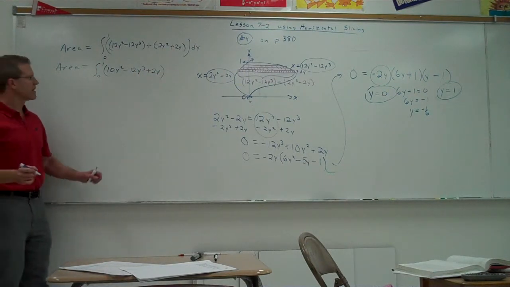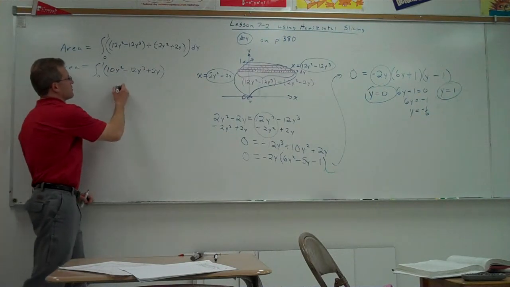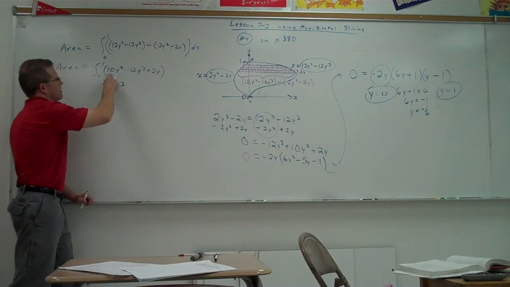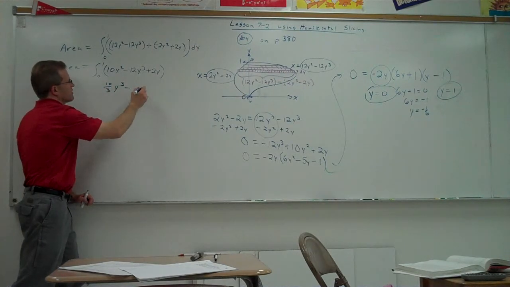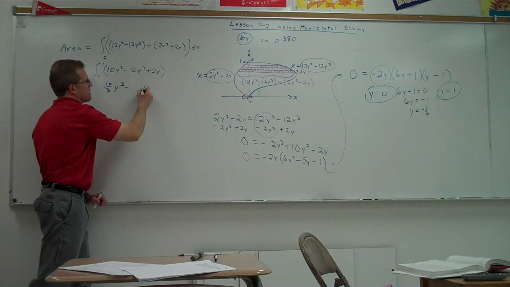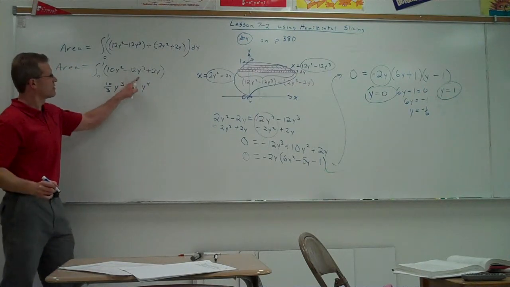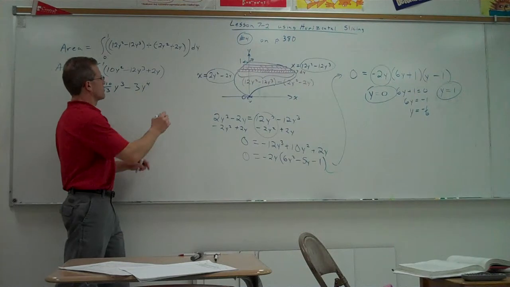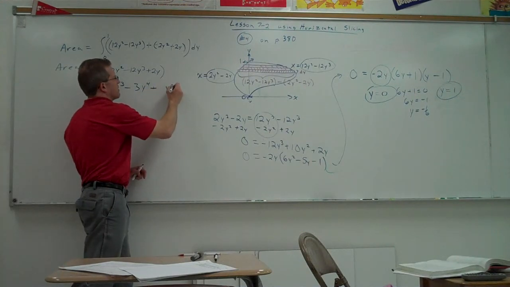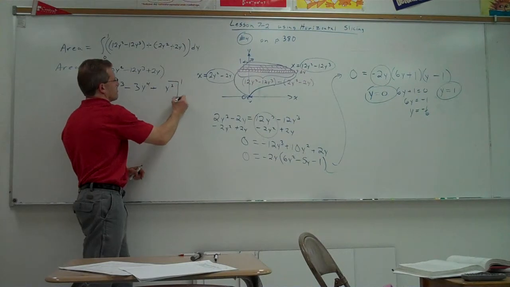Remember that when we do the antiderivative, we make the exponent 1 bigger, so this is going to be y to the third, and 10 divided by 3 would be 10 thirds, minus, make that exponent 1 bigger, so that's y to the fourth. 12 divided by 4 would be 3. Make that exponent 1 bigger, so that's y squared. 2 divided by 2 would be 1. And we're going from 1 to 0.